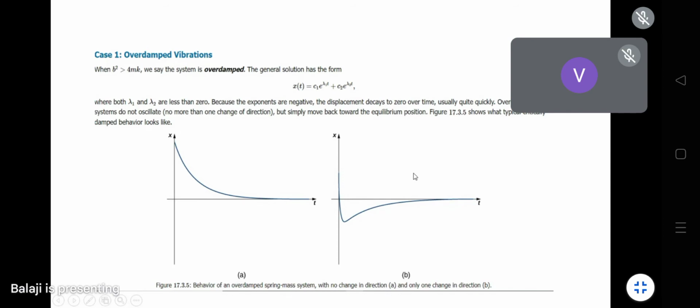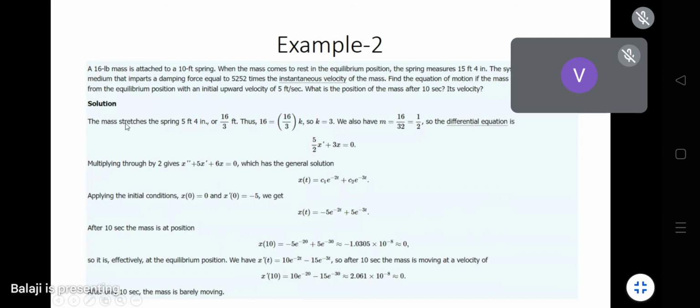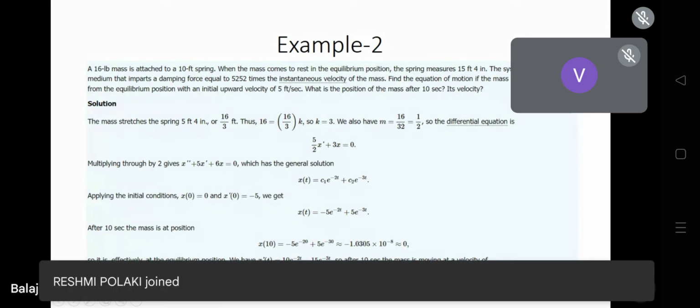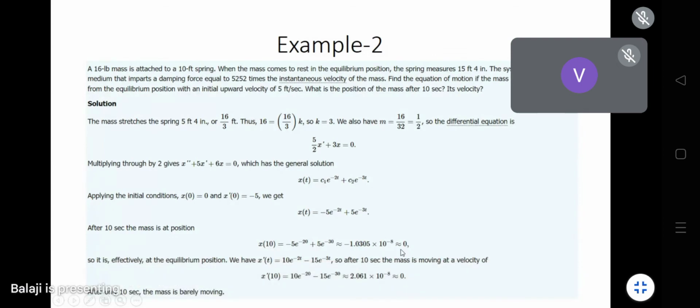Then go to example 2. Put all the values in the differential equation and you get two different roots, -2 and -3. Solving with these roots, we get the solution format. If initial conditions are given, you can follow x of t, find the values and show them.